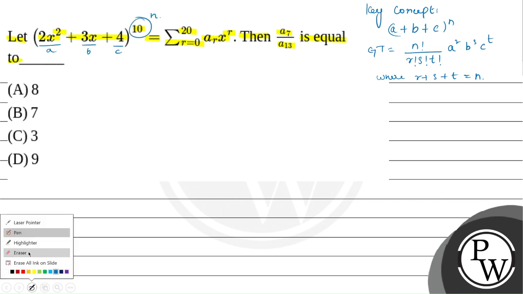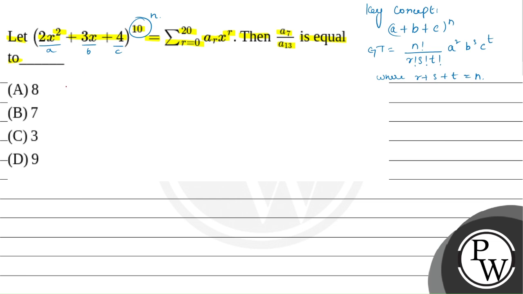So here the general term is 10 factorial divided by r factorial, s factorial, t factorial, into (2x²)^r into (3x)^s into 4^t.